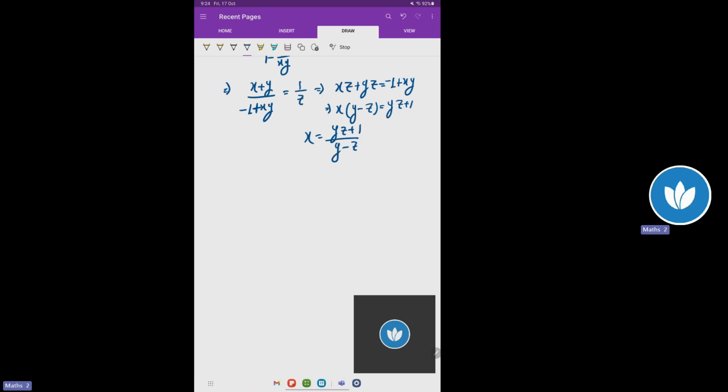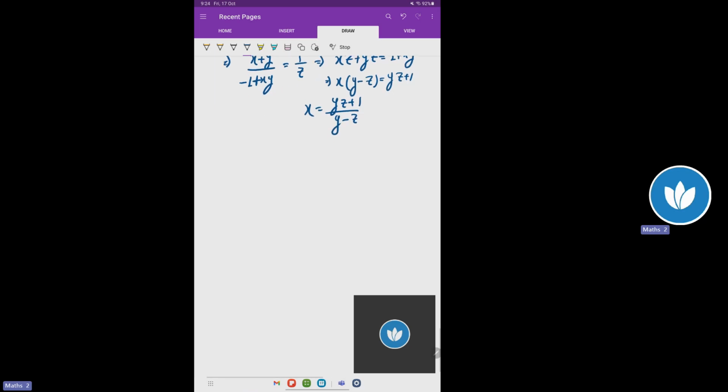See, now we have to look for its solution. If I select y and z as two consecutive integers, if z is some integer n, and y, let's say, n plus 1, obviously x will again be a natural number. Clearly in this case you can see n square plus n plus 1.